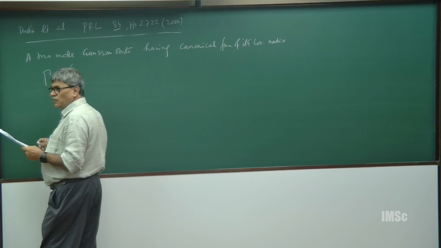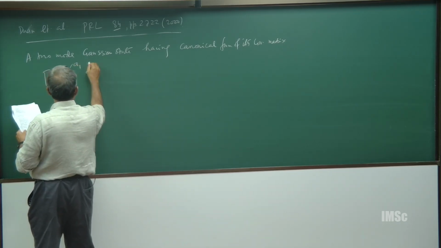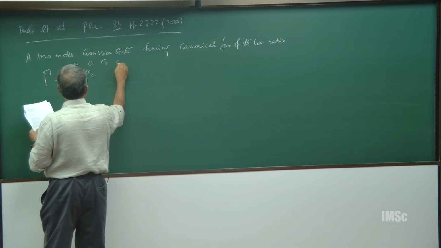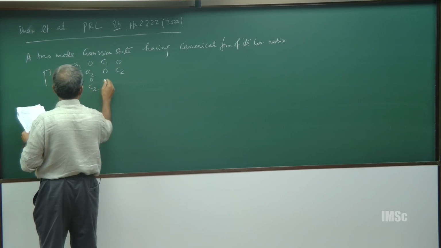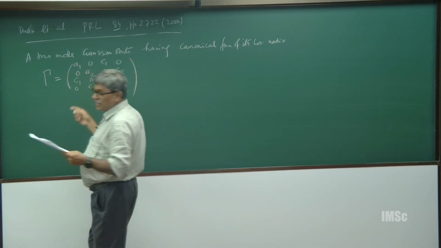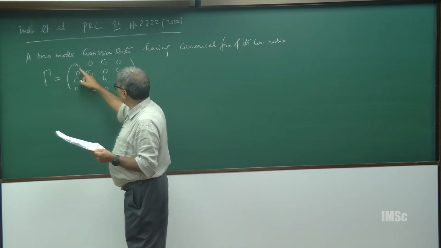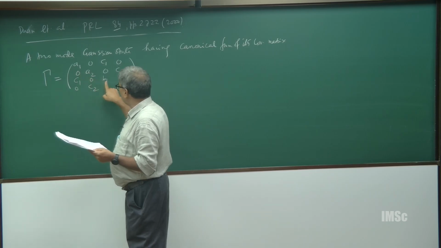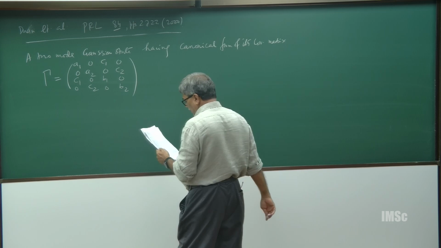Let me call it A1, A2, 0, 0, C1, 0, 0, C2, C1, 0, 0, C2, this is B1, 0, 0, B2. Again, this is a real matrix. Remember, we took this canonical form where A1 is equal to A2 and B1 is equal to B2. This is another canonical form.